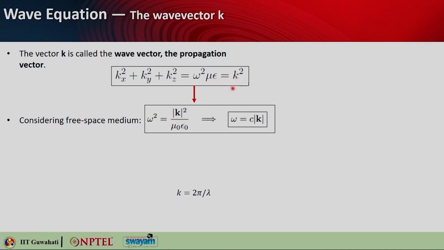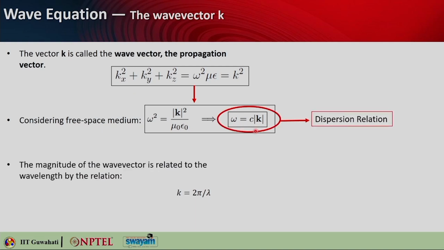These 2 come in the denominator. For free space they are mu naught and epsilon naught, and 1 over square root of mu naught epsilon naught is nothing but c. When you take the square root on both sides, you get omega equals modulus of k times c.